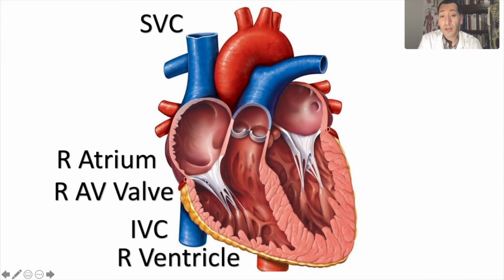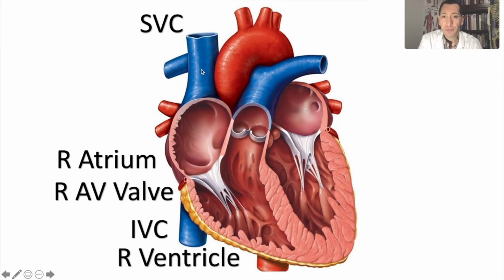You can also call it the tricuspid because it has three cusps. 1, 2, 3. Tricuspid, or the right atrioventricular valve. If you say tricuspid valve, then you don't have to say left or right. Actually, it would even be wrong because there is no right. Right assumes that there is a left. You wouldn't say right unless there's a left. You wouldn't say left unless there's a right, with anything actually in the human body.